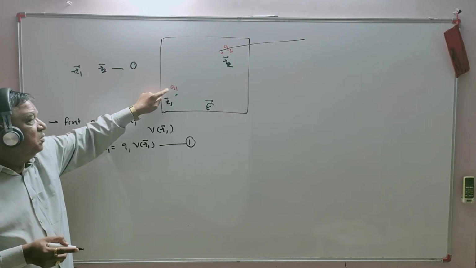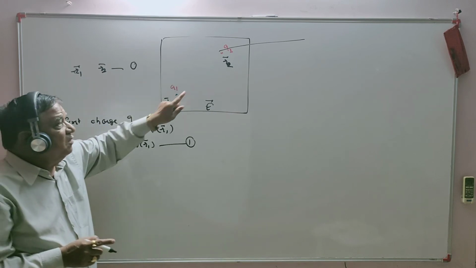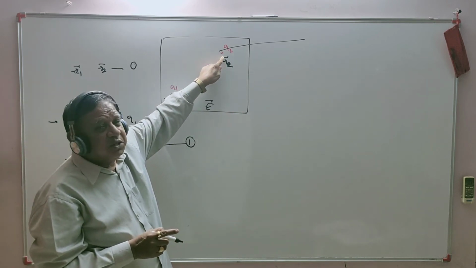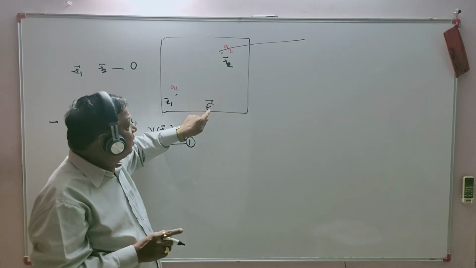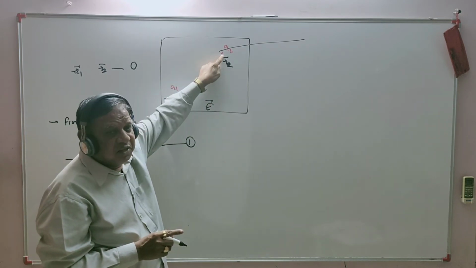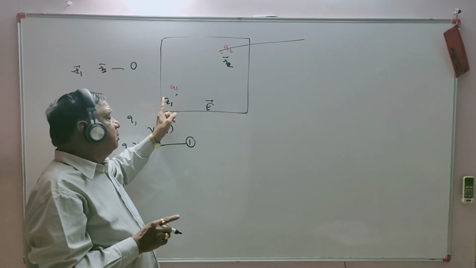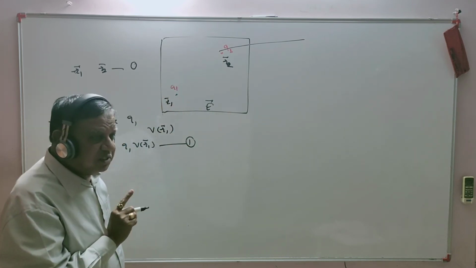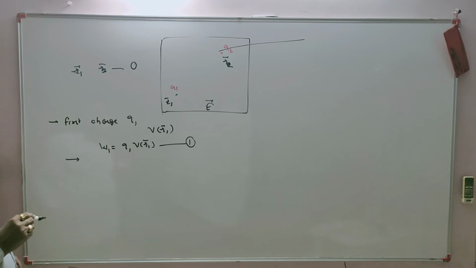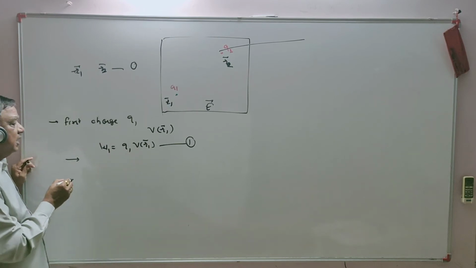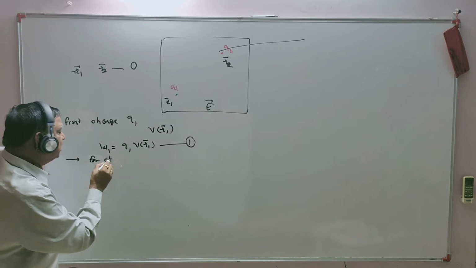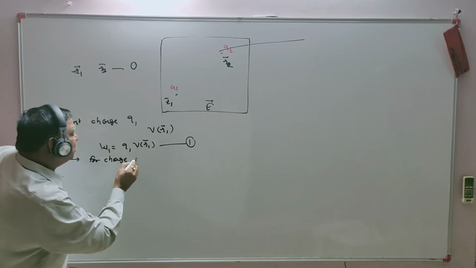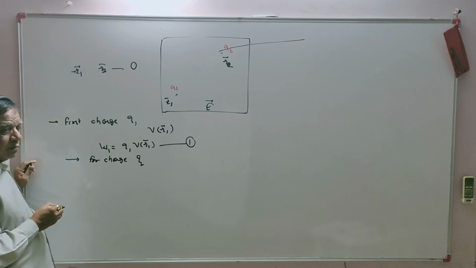But if q1 is present, then the work required to be done on q2 is against two things. First, the field E, and second, the field produced due to charge q1. So work required for charge q2 has two parts.